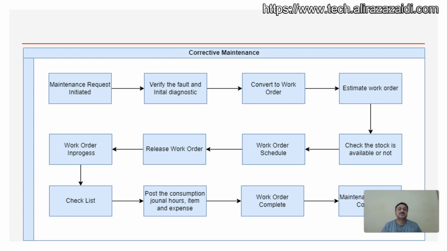The assigned person estimates the work order, the items or spare parts consumed on that maintenance, and then there is the possibility of expenses like travel expense, meal expense, etc. Then they can verify whether stock is available or not.